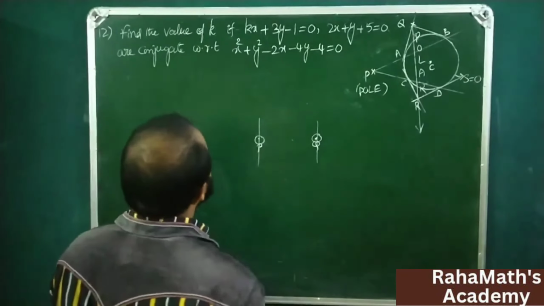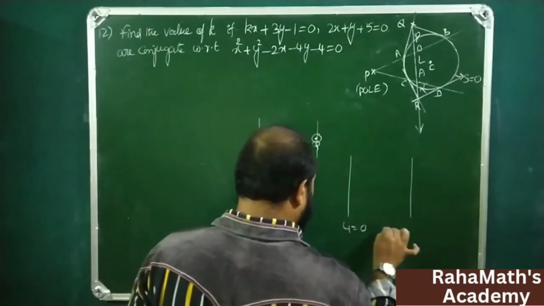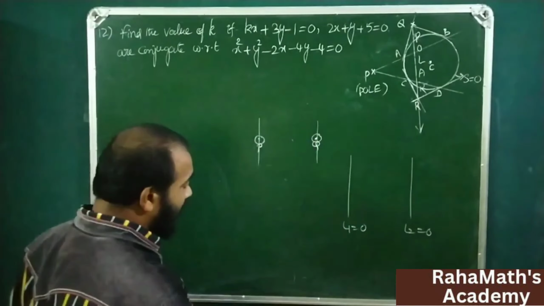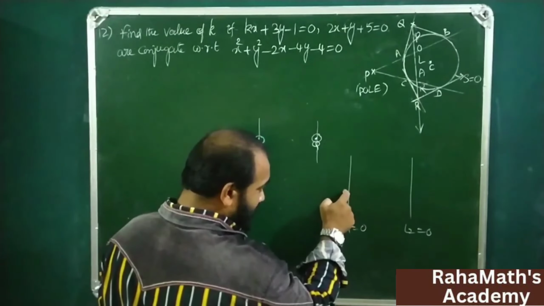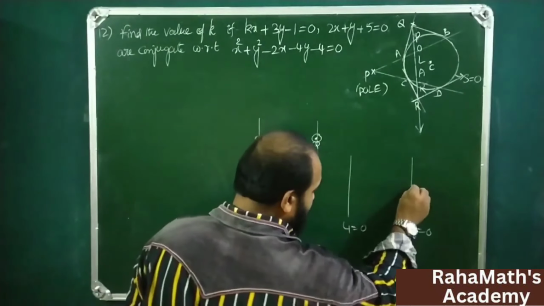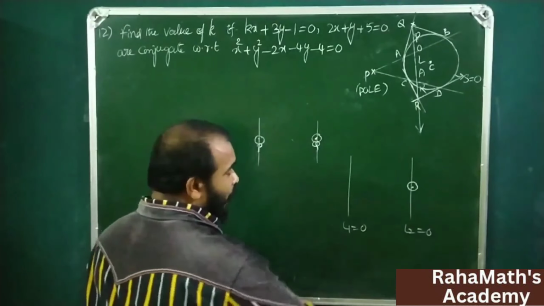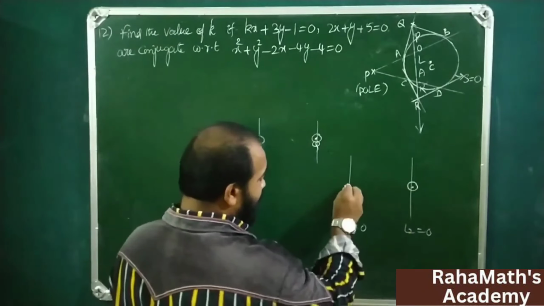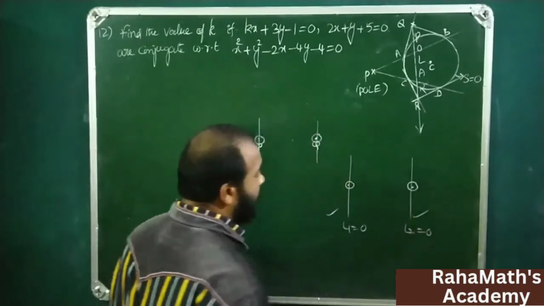Now this time two lines L1 equals to 0, L2 equals to 0 are given. Two lines are said to be conjugate lines if the pole of this line L1 equals to 0 lies on L2 equals to 0 and the pole of this line L2 equals to 0 lies on L1 equals to 0. Then these two lines are said to be conjugate lines.